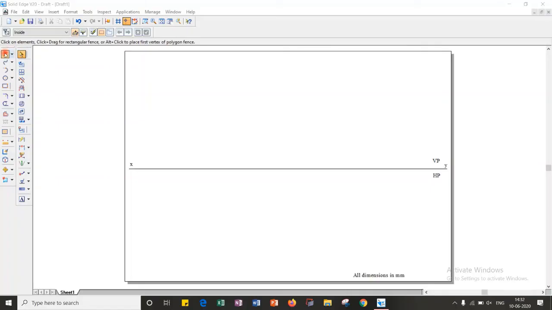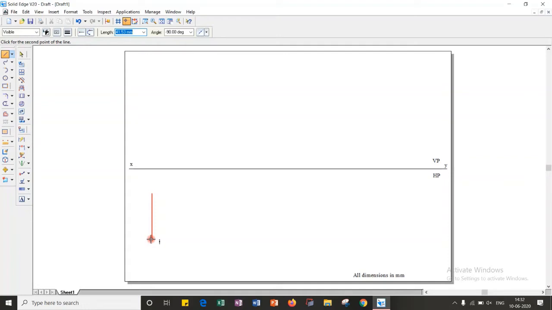If it is kept in edge condition, your square will be like this, and if it is kept in corner condition, the square will be like this. You have to mark this apex also, and indicate these inclined edges. Since in this problem the pyramid is resting on one of its edges, we'll keep the pyramid in edge condition.